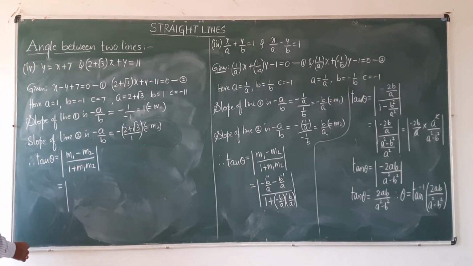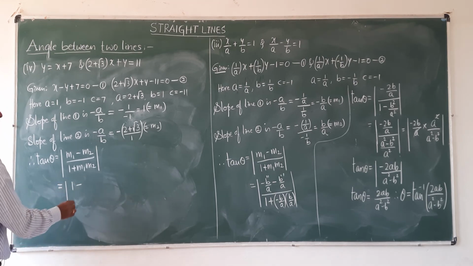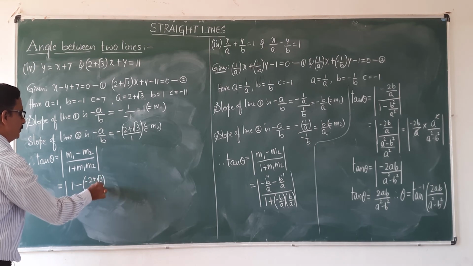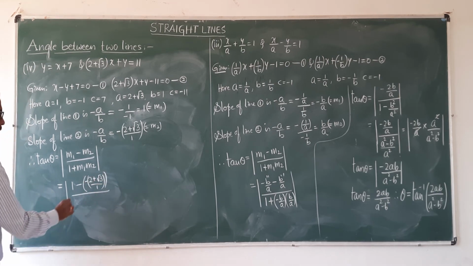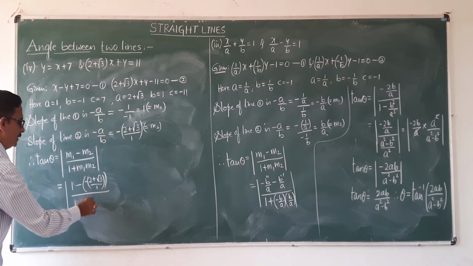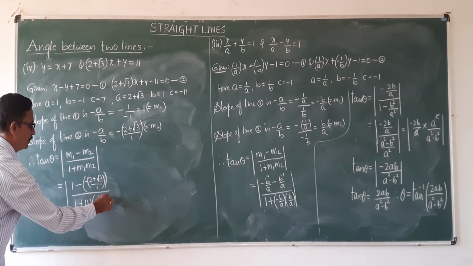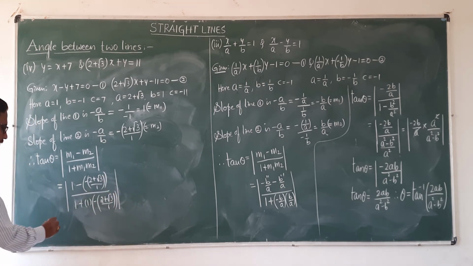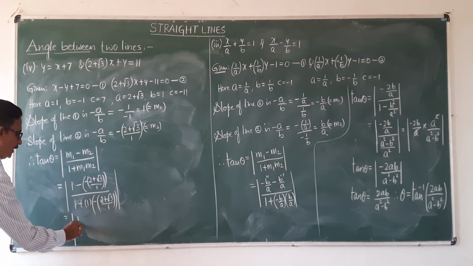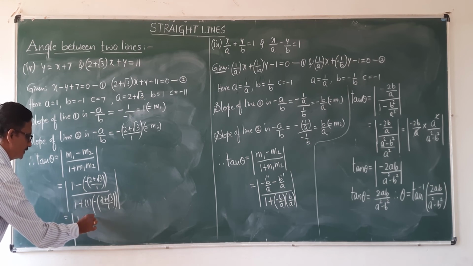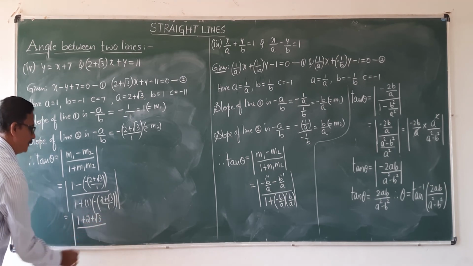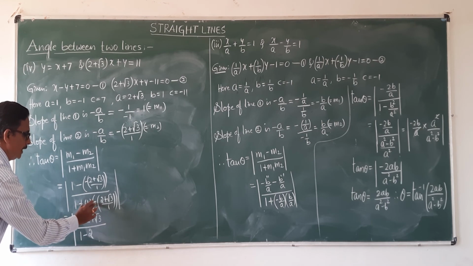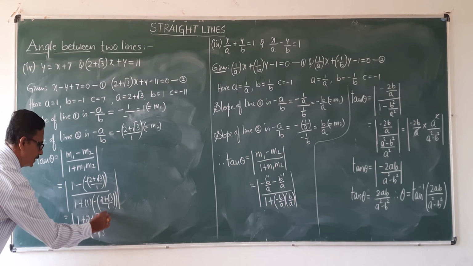Substituting the values, m1 value 1, minus m2 value minus of (2 plus root 3) by 1, divided by 1 plus m1 is 1, m2 is minus of (2 plus root 3) by 1, right? Simplify. Modulus of 1 minus into minus, plus 2 plus root 3, divided by 1 plus into minus, minus 2, minus into plus, minus root 3.